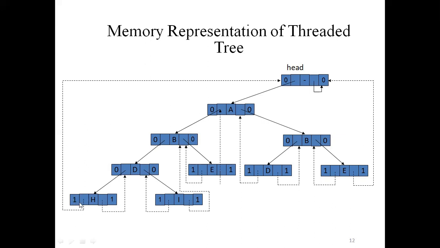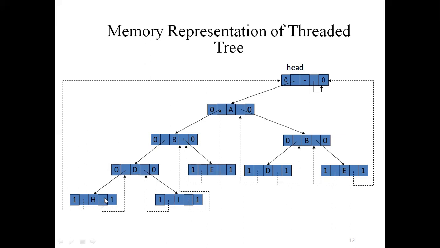So here these thread fields, left and right both, are replaced with 1. Similarly, this node I doesn't have left and right child. That's why it is a thread field. So the thread field is replaced with 1. Similarly, node E doesn't have left and right child. So fields are 1. So whenever it doesn't have left and right child, their fields are represented with 1.